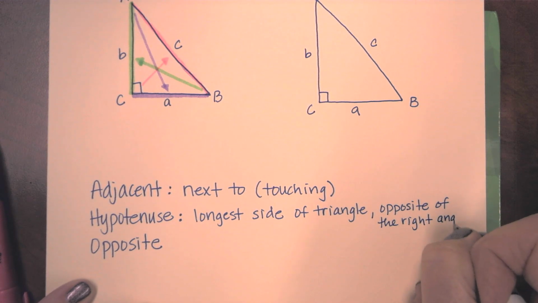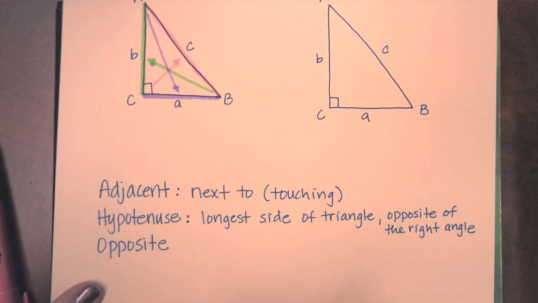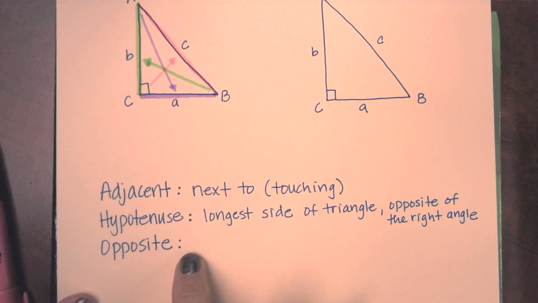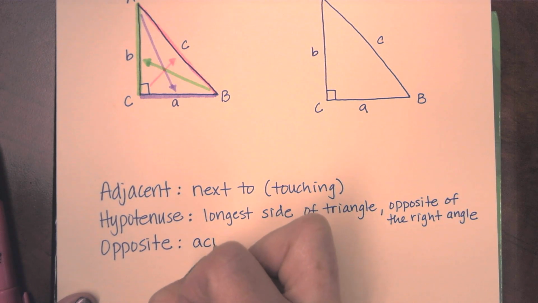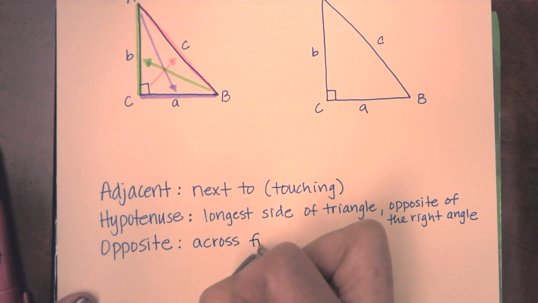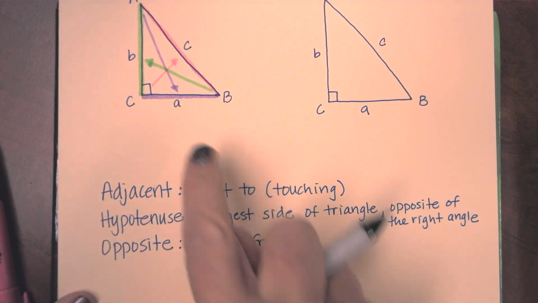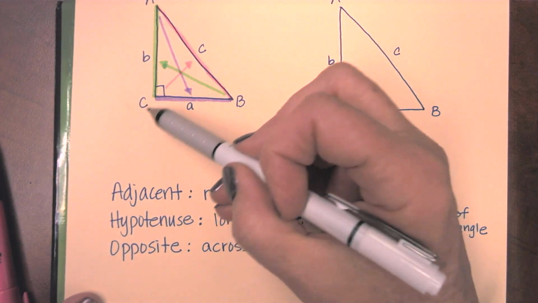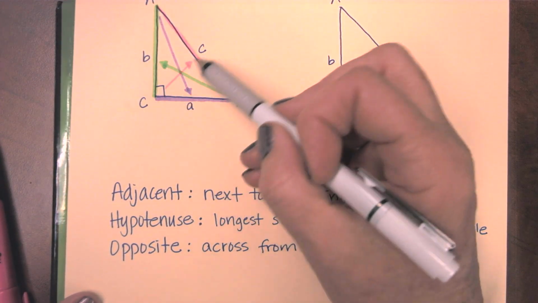If you need to, pause the video and catch up. And then finally, opposite means across from. Notice that here our opposite side is opposite of the angle.